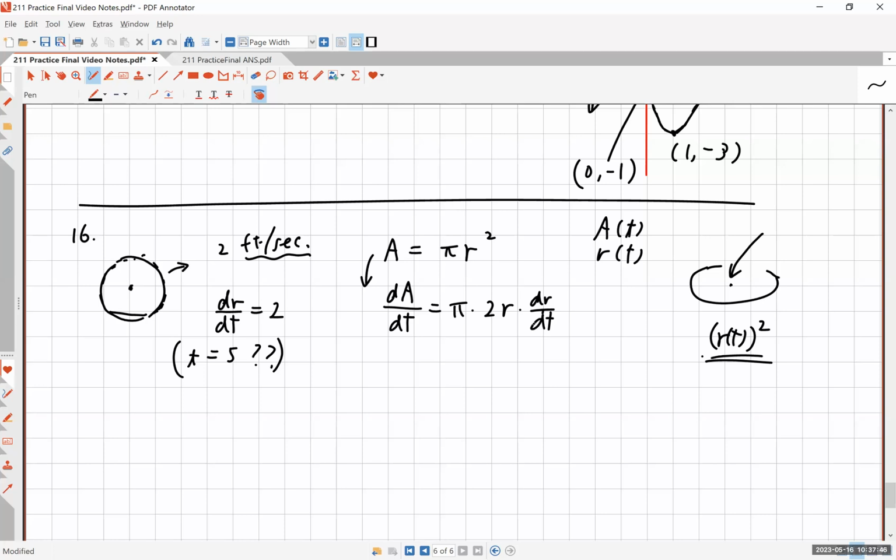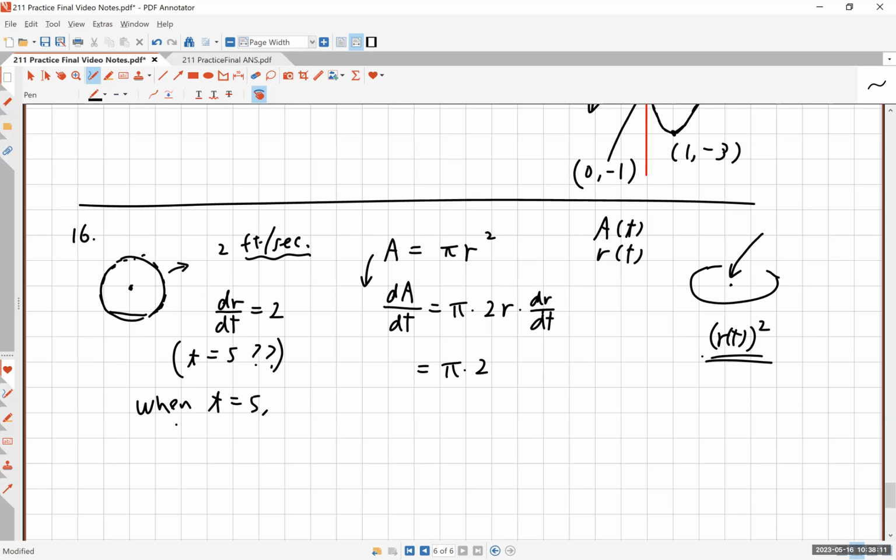Now, we already know this. And the question says, how fast is the area of the circle increasing when t is equal to 5? So when t is equal to 5, what is the radius?